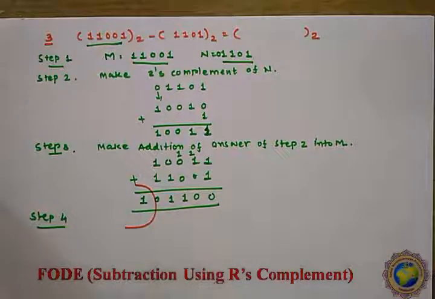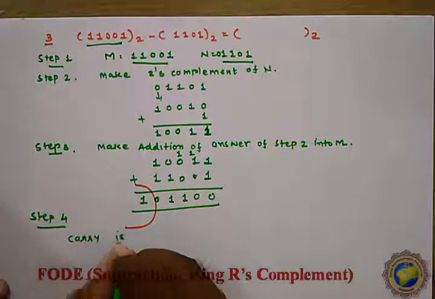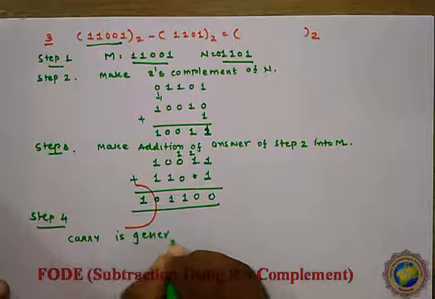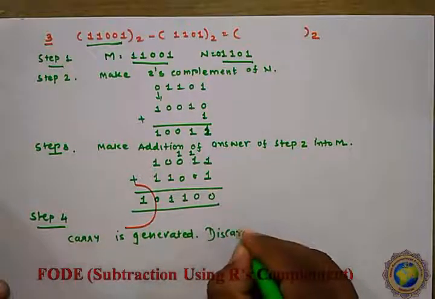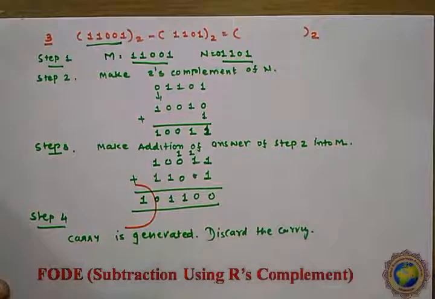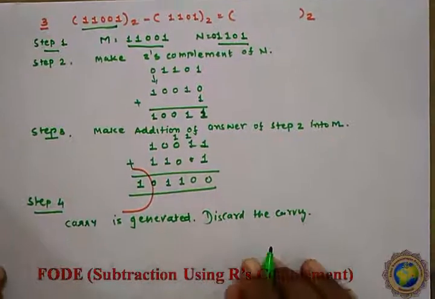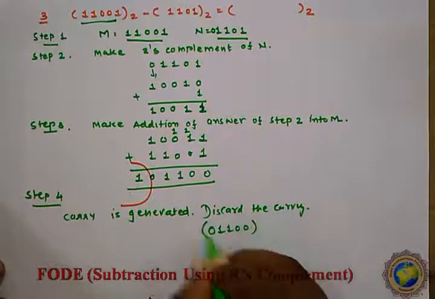Okay, so see here, what do we write? Step 4: carry is generated, so discard the carry. So what is the answer? Our answer at the end of discarding the carry is 0 1 1 0 0.